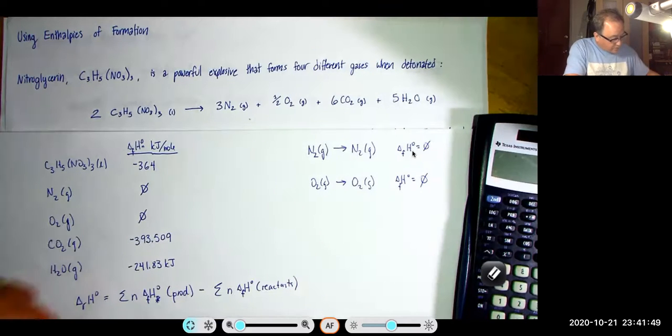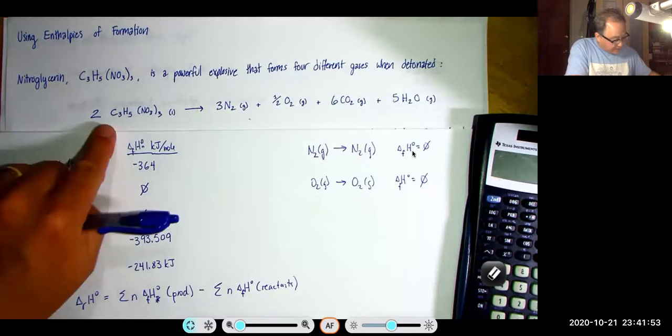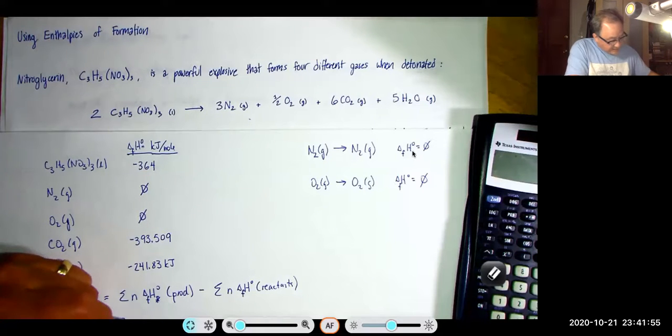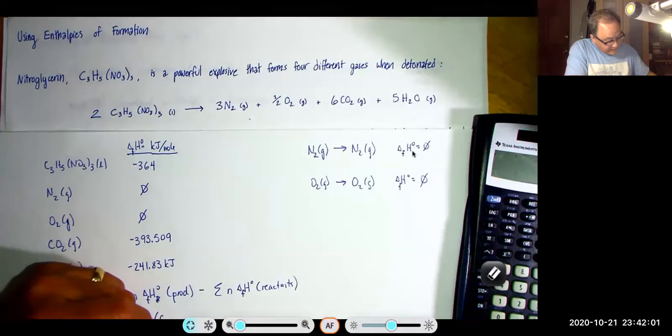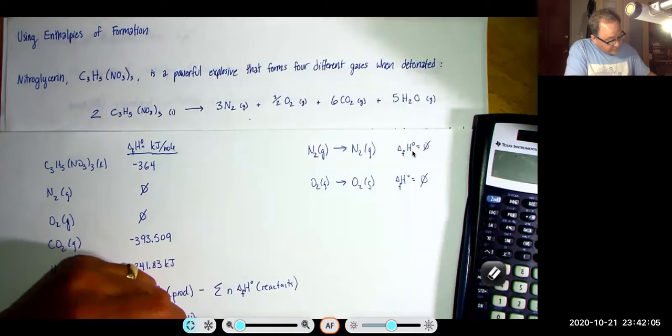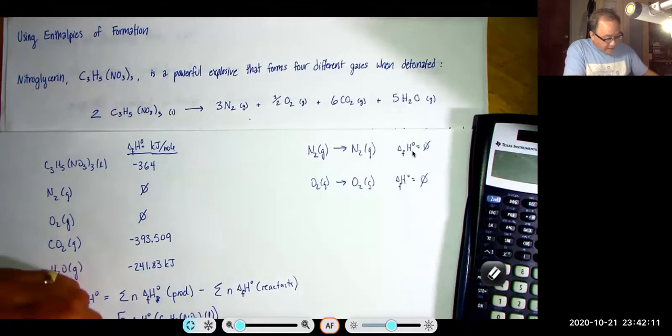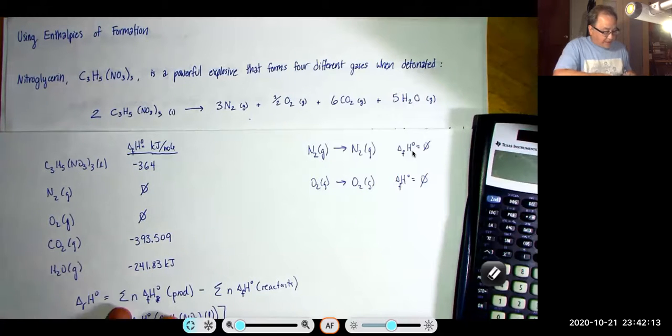So let's work with the products first. This is going to be one product. So it's going to be 2 times the enthalpy of formation of C3H5N3O9 liquid. So I'm going to put a bracket around that for the products.